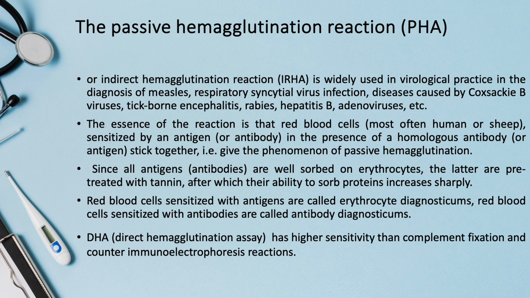H means hemagglutinin antigen, N means neuraminidase, and the number means the number of modification or mutation of this antigen. And by knowing the number of mutation of each of them, we can choose the most specific treatment or the most specific vaccine for this virus.